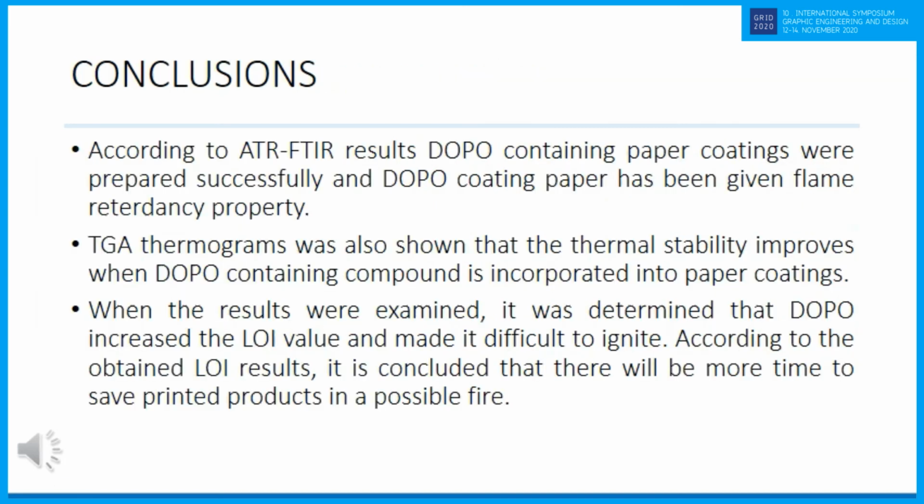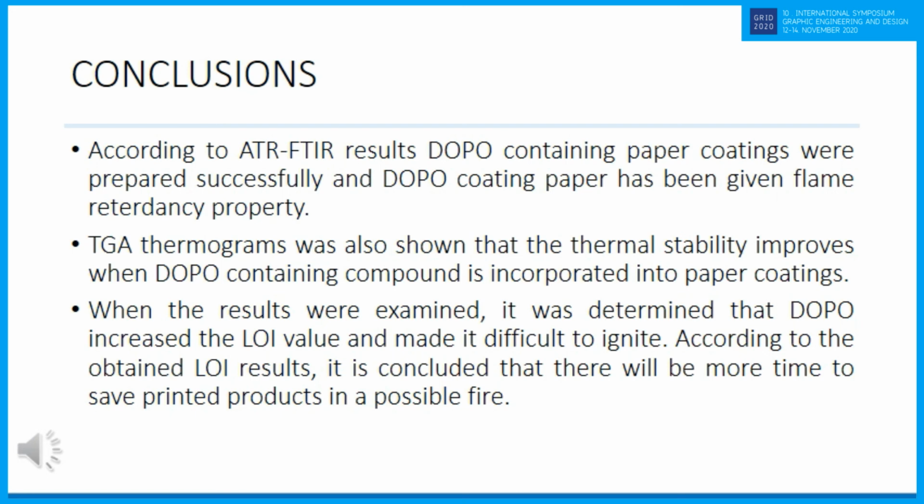If we summarize the results of our study, according to FTIR results, DOPO-containing paper coatings were prepared successfully, and DOPO-coated paper has been given flame retardancy property. Thermogravimetric analysis thermograms also showed that the thermal stability improves when DOPO-containing compound is incorporated into the paper coatings.